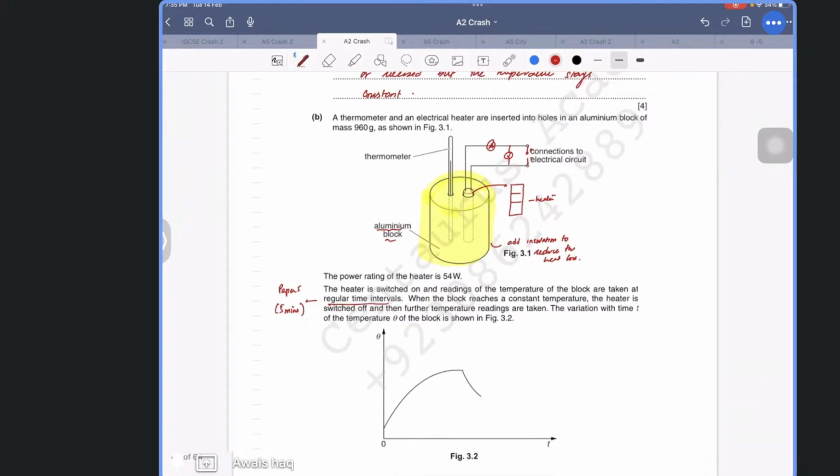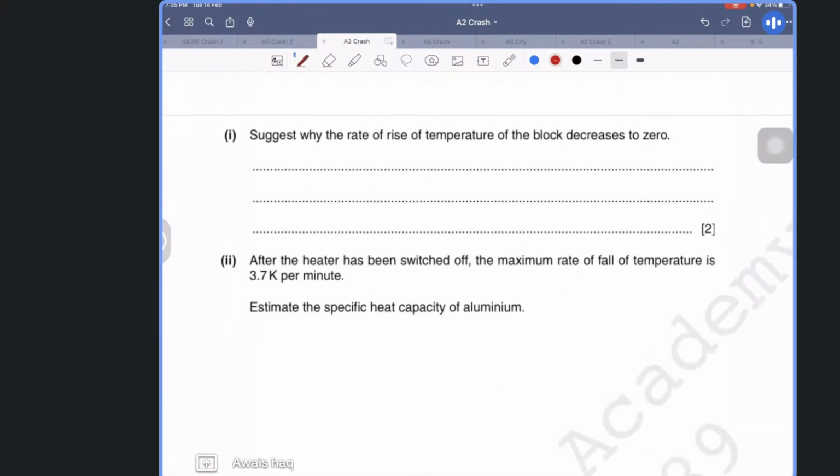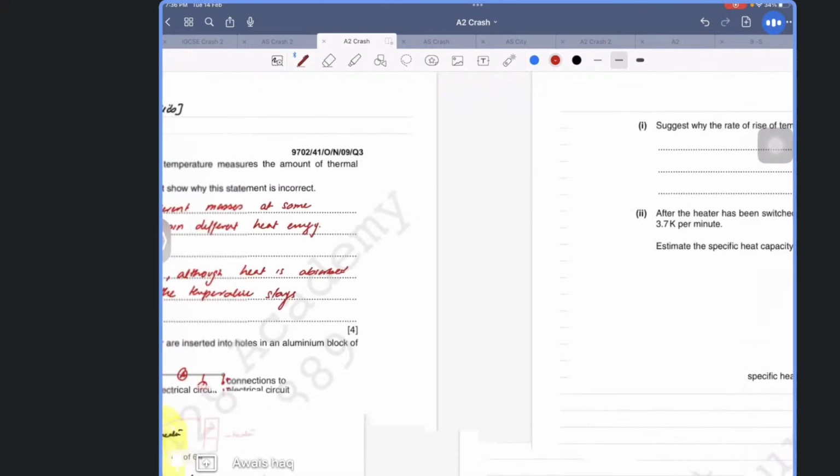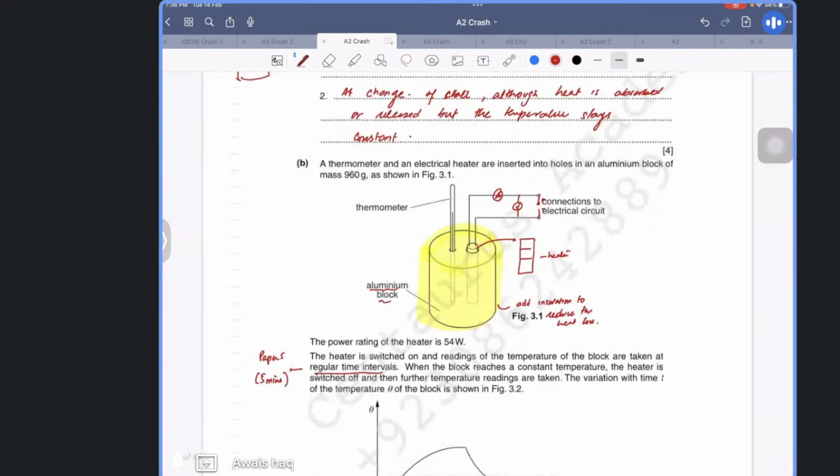Okay. So then it says, suggest why the rate of rise of temperature of the block decreases to 0. Now, most of the people would write that it starts to melt, but that's not true.